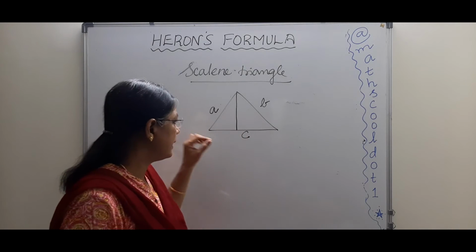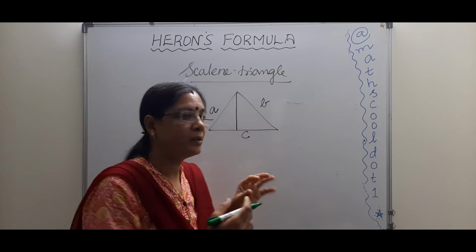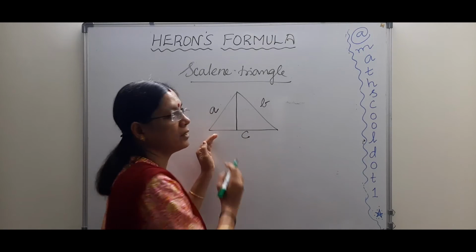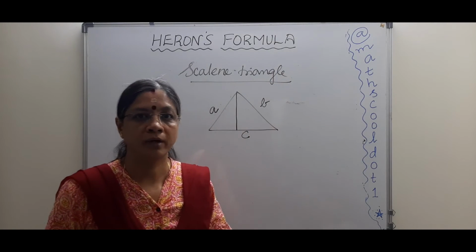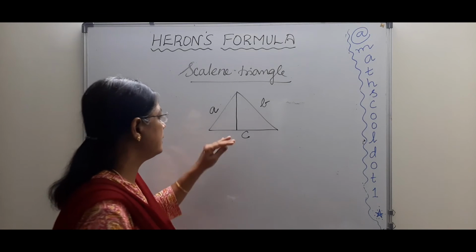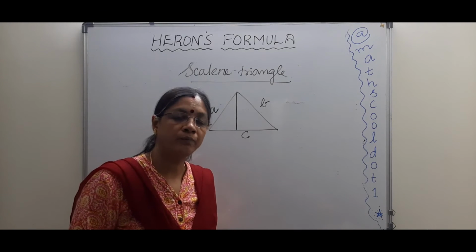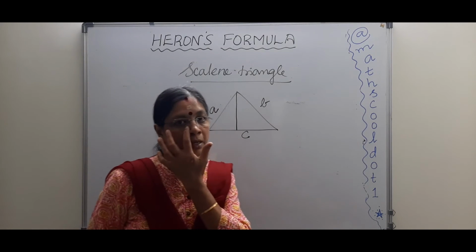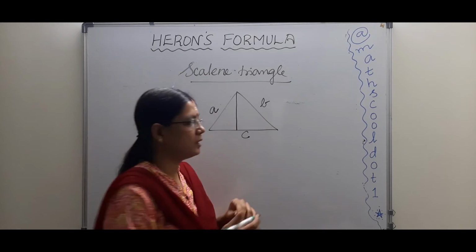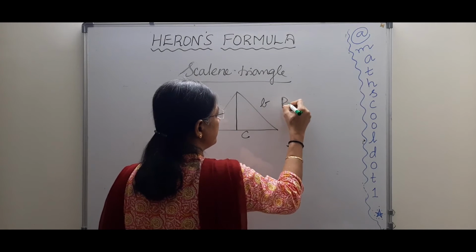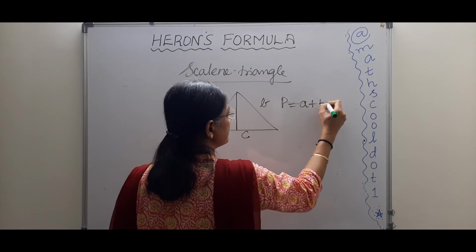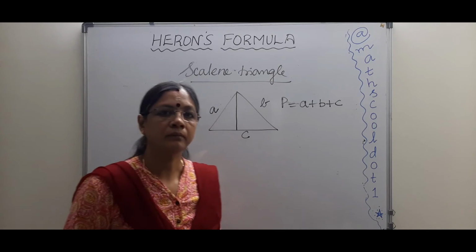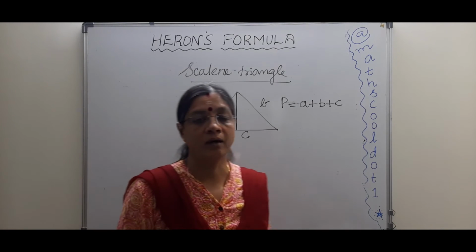Only if it meets at the midpoint will we be able to write C by 2 and C by 2, and then find out the height also. But here it won't meet at the midpoint. So what is the technique of finding the area of such a triangle? The perimeter can be found earlier. So perimeter is equal to A plus B plus C. So that is known. But how do we find the area for this?